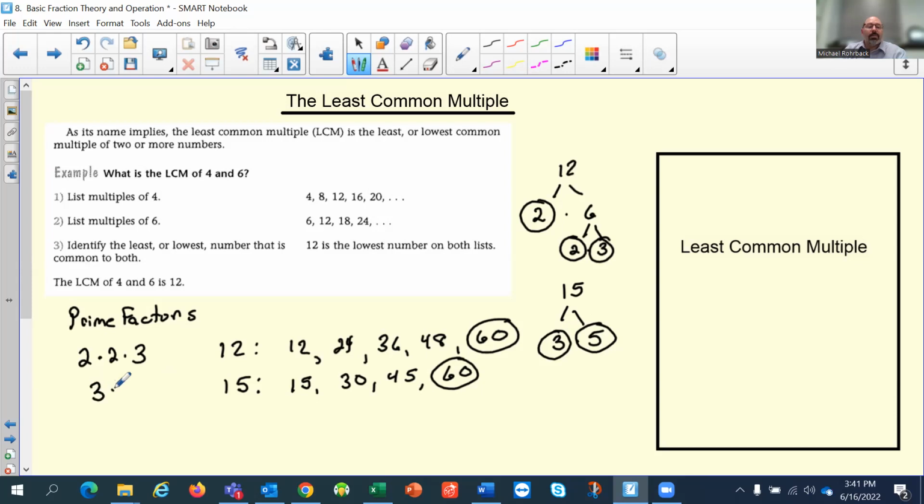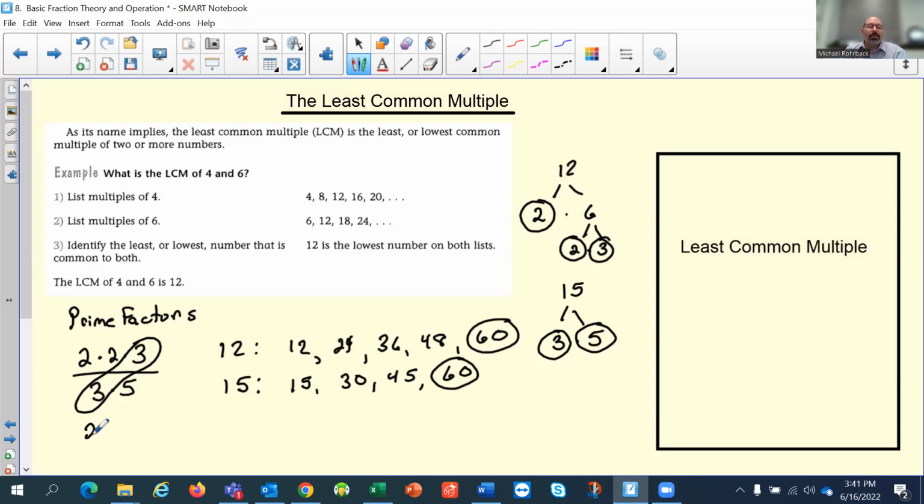So you would say, all right, well, 15 is 3 times 5. If you look at those numbers and you say, well, what do they have in common? Well, they have a pair of 3s in common. So we're going to say the 12 has 2 2s, the 15 has a 5, but they share a pair of 3s.